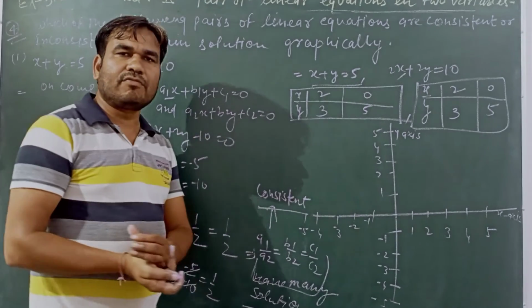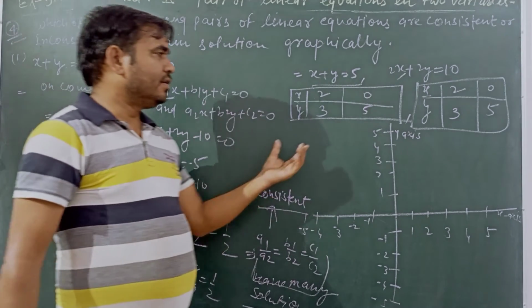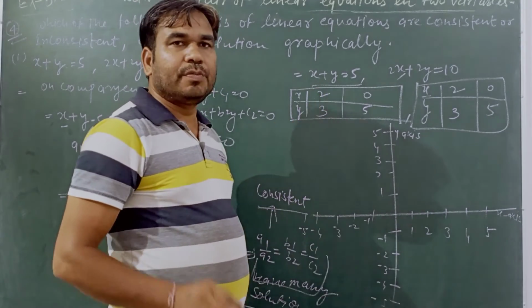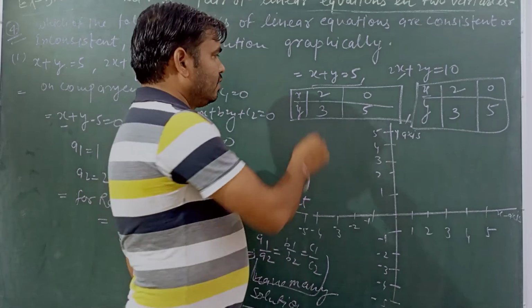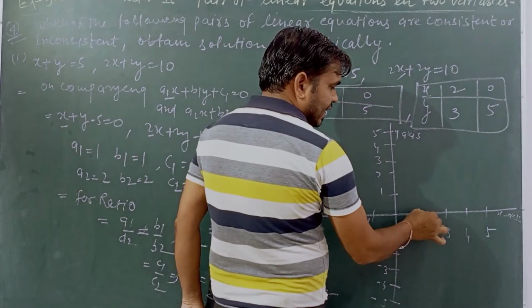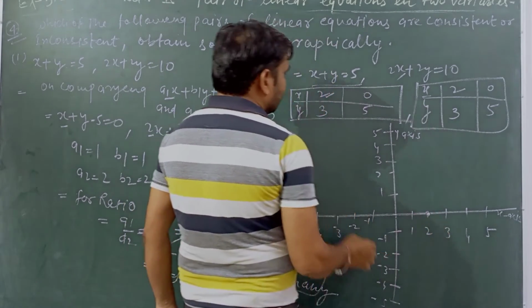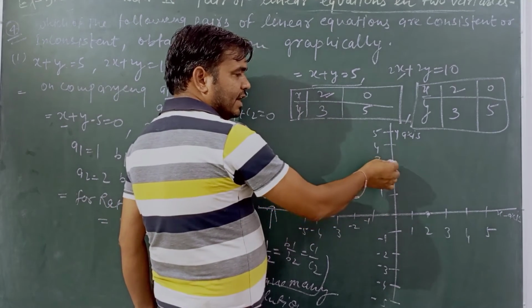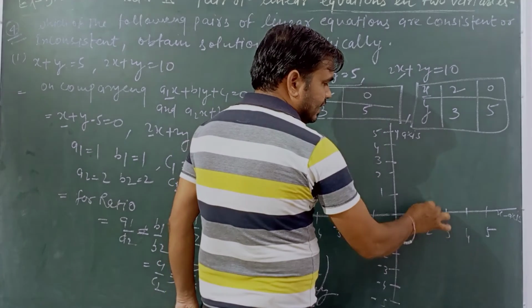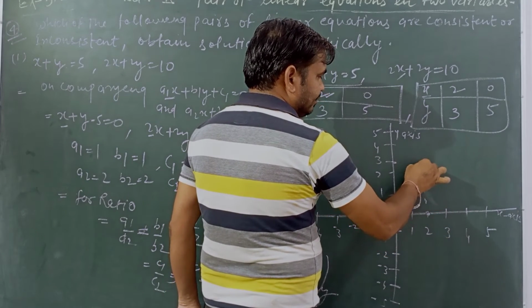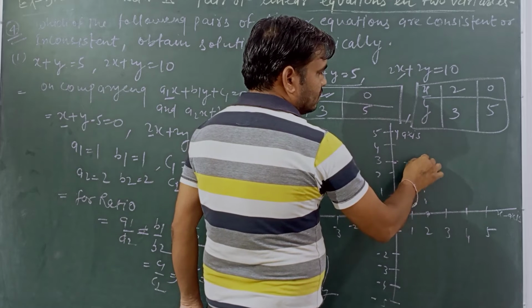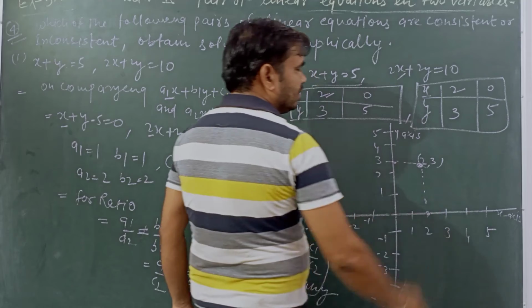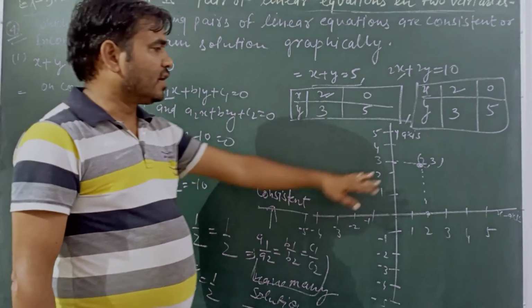In a graph notebook, take x equal to 2, so we go forward on the x-axis to 2, and y equal to 3. The point 2 and 3 comes here.